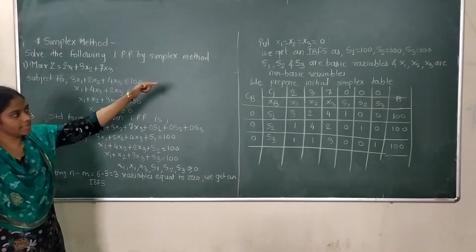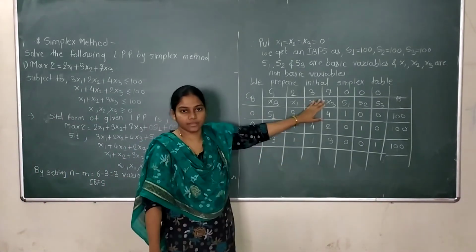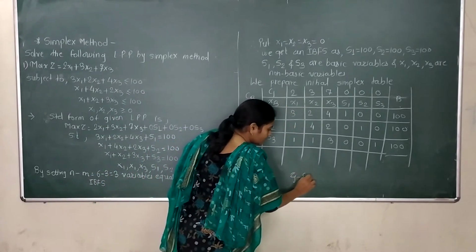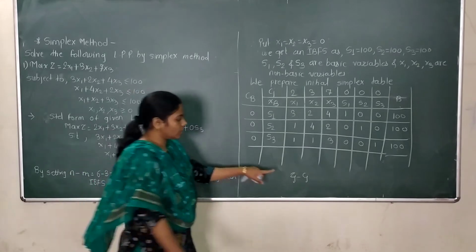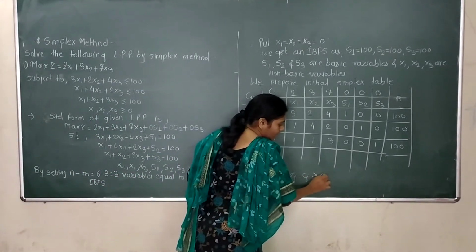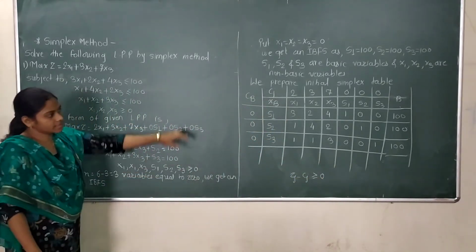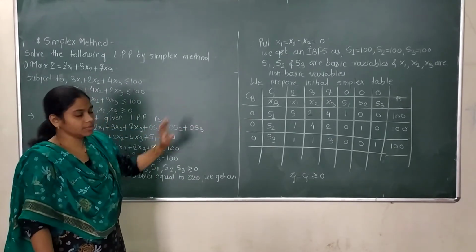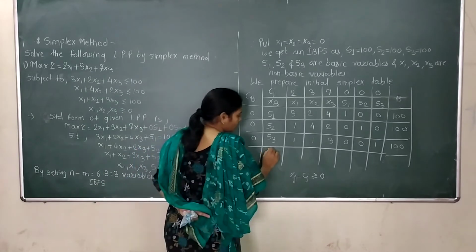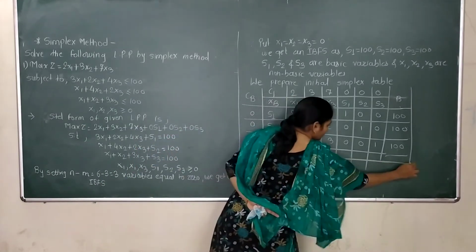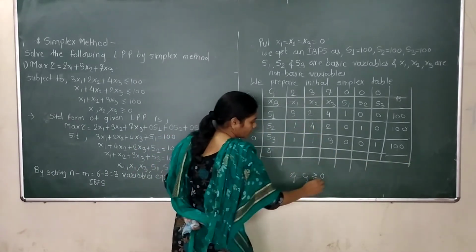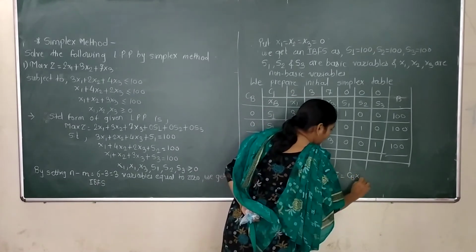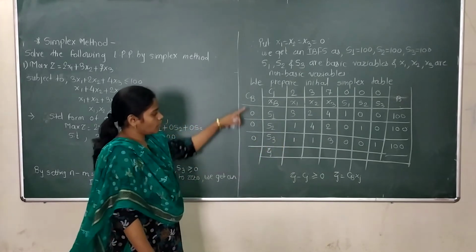Now after this initial simplex table, we have to check whether this is an optimal solution or not. For that, we have to check the values of Zj minus Cj. If we are getting all the values of Zj minus Cj greater than or equal to 0, then we can say that this table is the optimal solution. So first we have to calculate Zj. For that, we use the formula Zj is equal to CB into Xj, where j varies from 1 to 3.